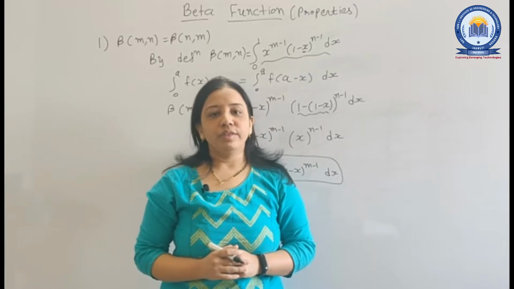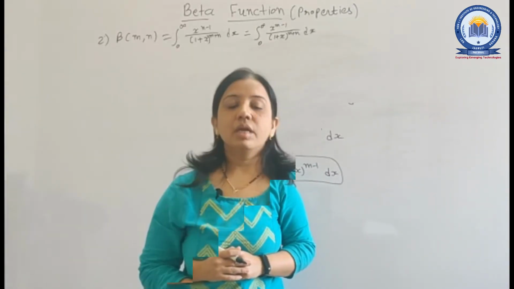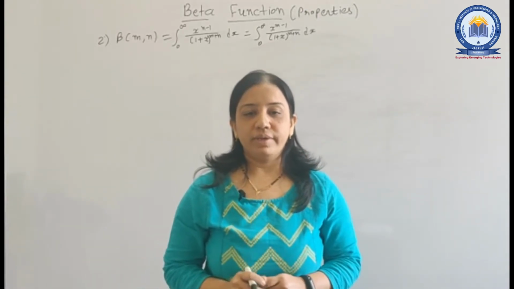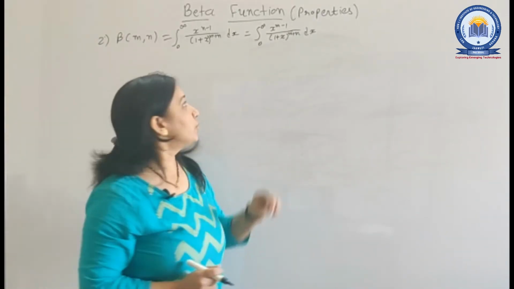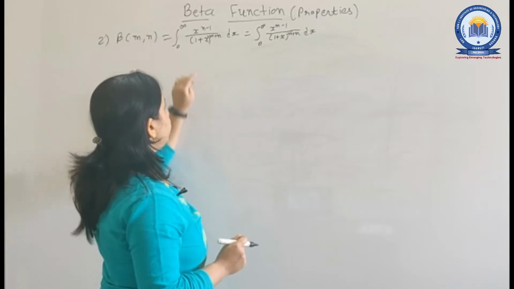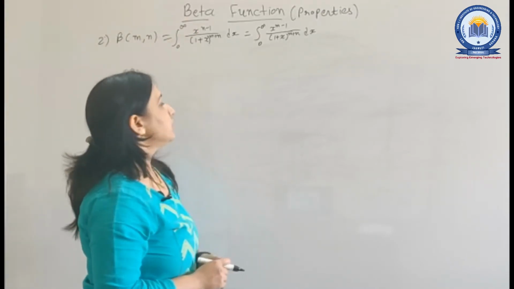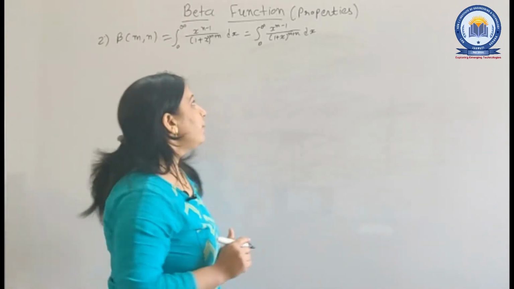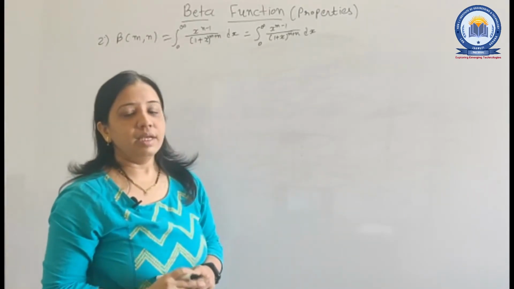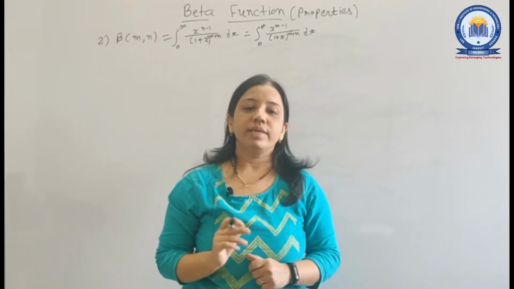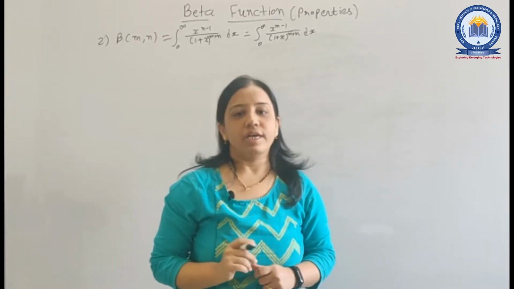Now we'll prove the second property, that is beta(m,n) equal to integral 0 to infinity x raised to n minus 1 upon (1 plus x) raised to m plus n dx. So again we'll start with the basic equation of the beta function.